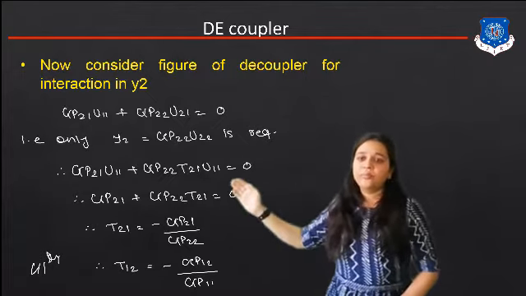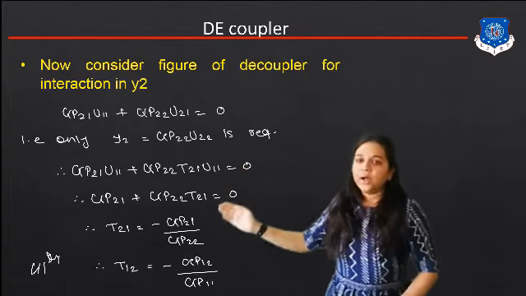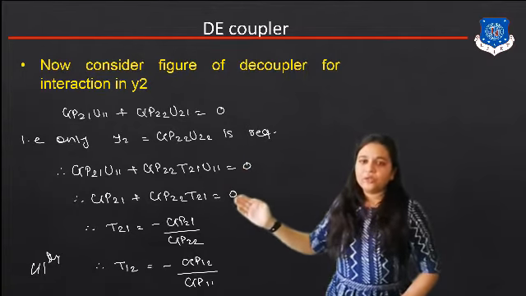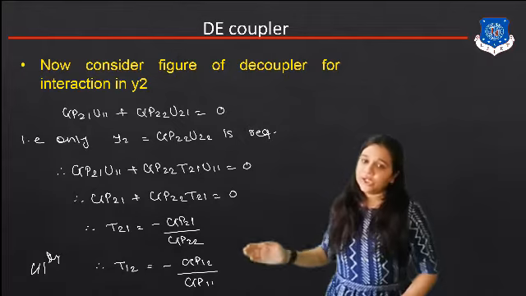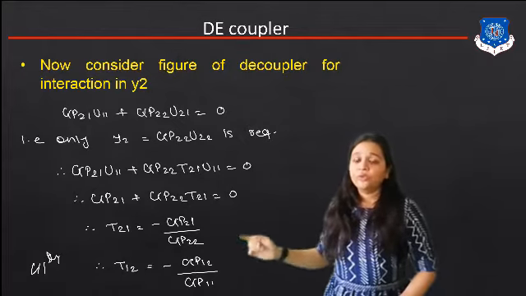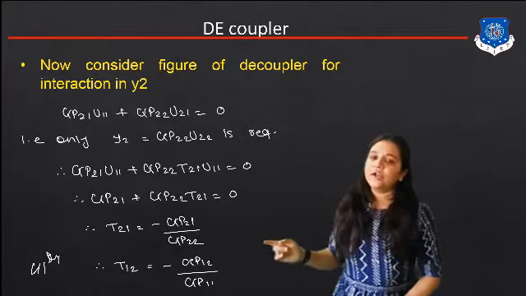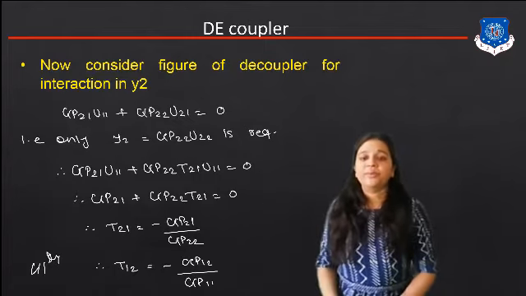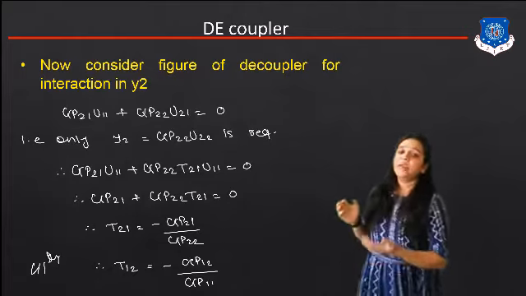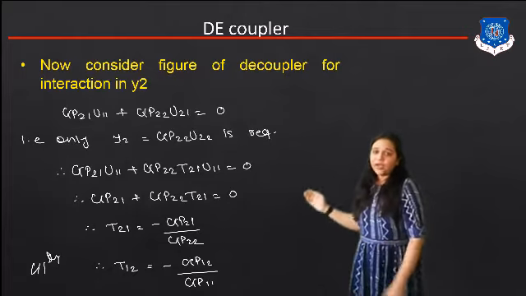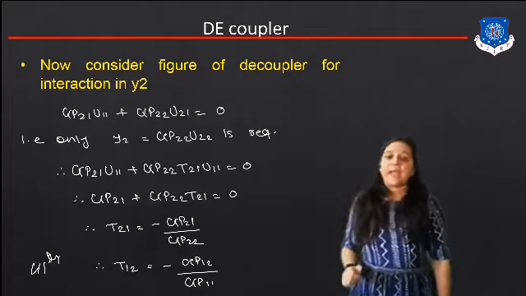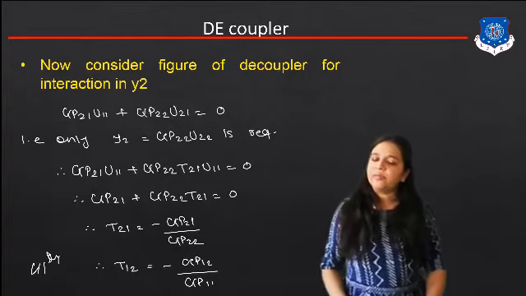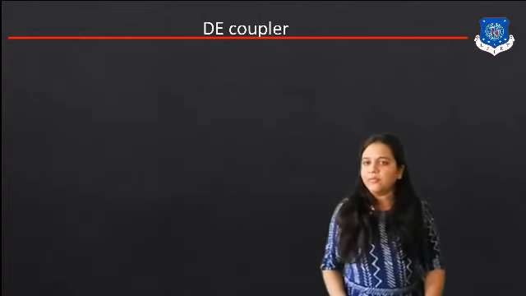So GP21 plus GP22 T21 is equal to 0. So we get T21 equal to minus GP21 upon GP22. The same thing applies, and we get the value of T12 equal to minus GP12 upon GP11.